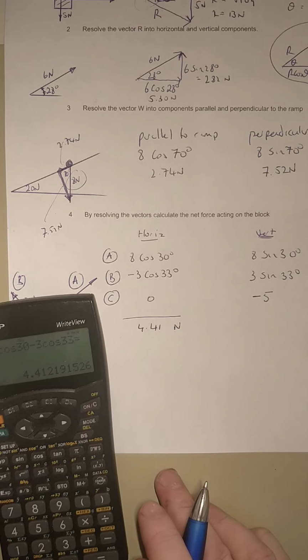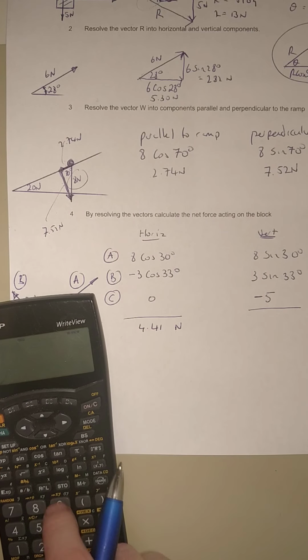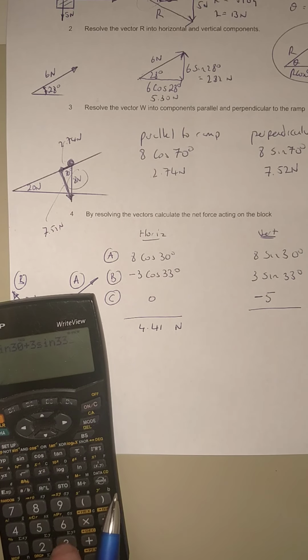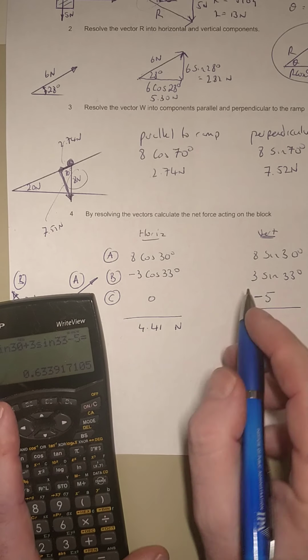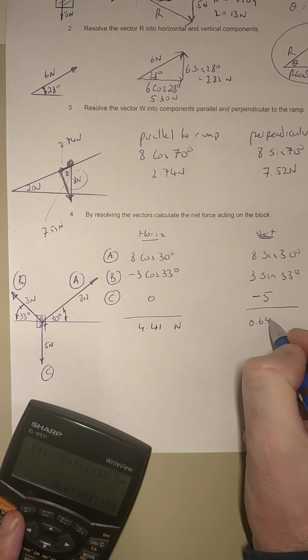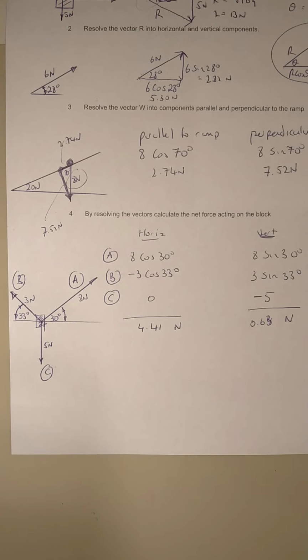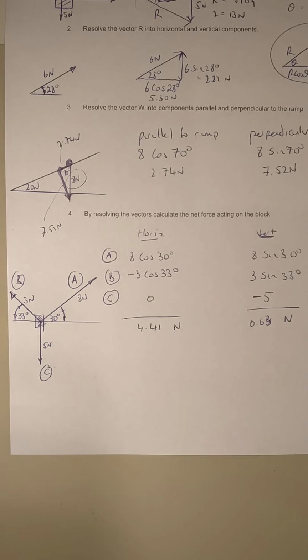We always consider up to be positive. In this one, we get 8 times the sine of 30 plus 3 times the sine of 33 minus 5, and we're getting a value of 0.63 newtons up, vertically.